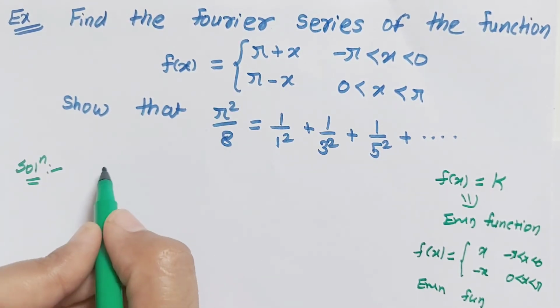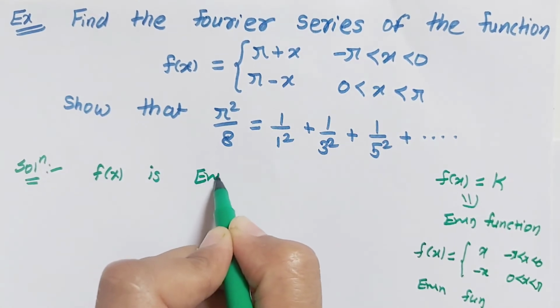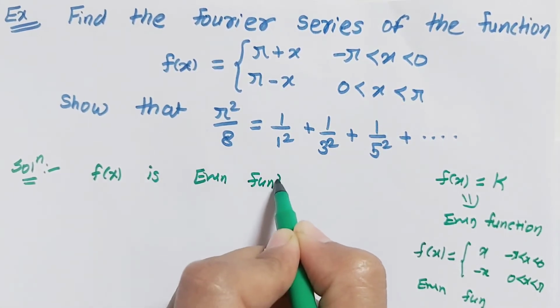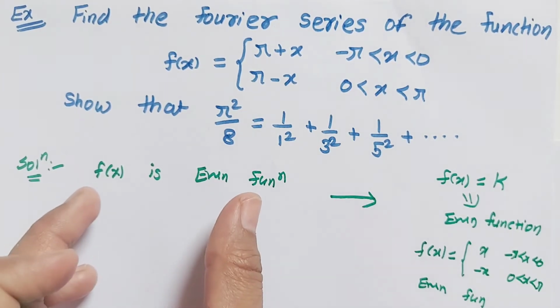So on this basis we can say this f of x is an even function. So this is the first method of testing whether the function is even or odd.